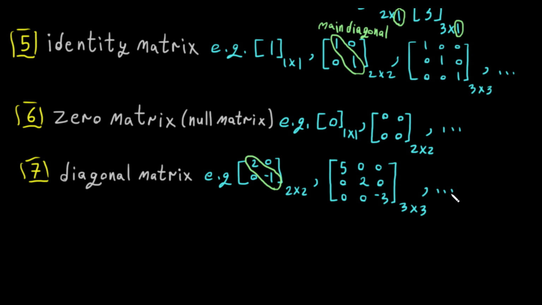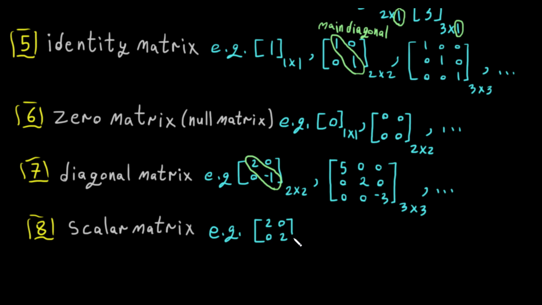And so on. Now we will introduce the scalar matrix. Example of a scalar matrix. A scalar matrix is similar to the identity matrix, but here in a scalar matrix there are numbers on the main diagonal and they are the same.